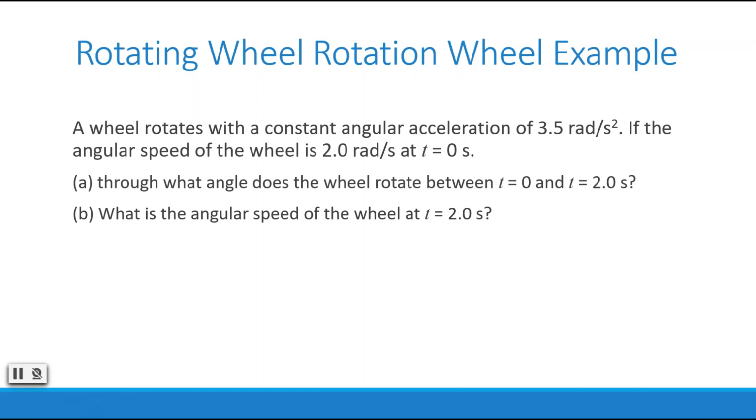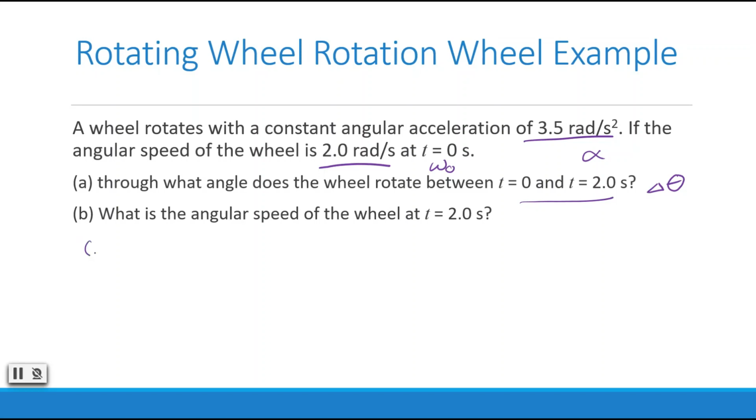So at t equals 0, it's going to start with 2.0 radians per second. So they're giving us essentially omega 0. And then they're giving us our alpha here. And we want to know what angle does it rotate. So we're looking essentially for delta theta. So I need omega 0, alpha, t, and delta theta. I'm also given time.